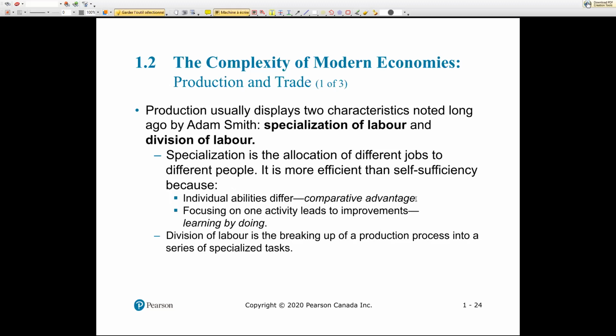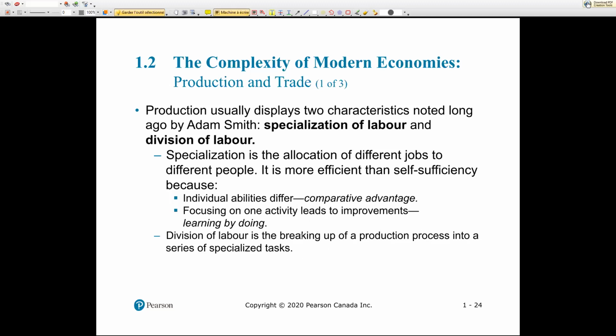If I'm Canada, I have a comparative advantage in, say, producing corn, because I have all the west of Canada that has large fields, so I can export that. So again, trade allows me to specialize.